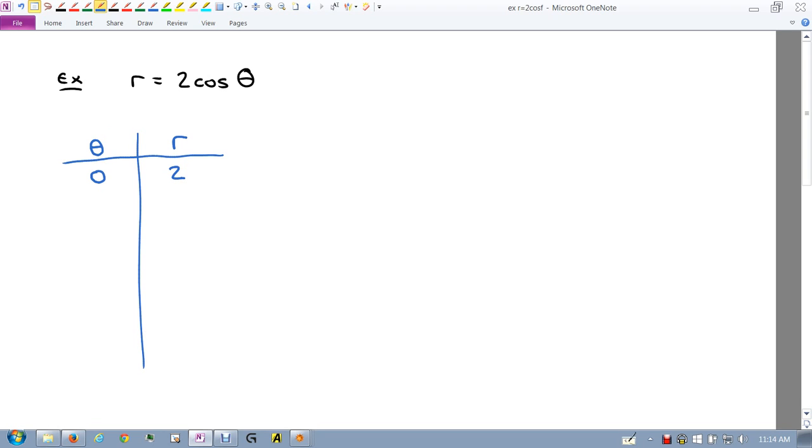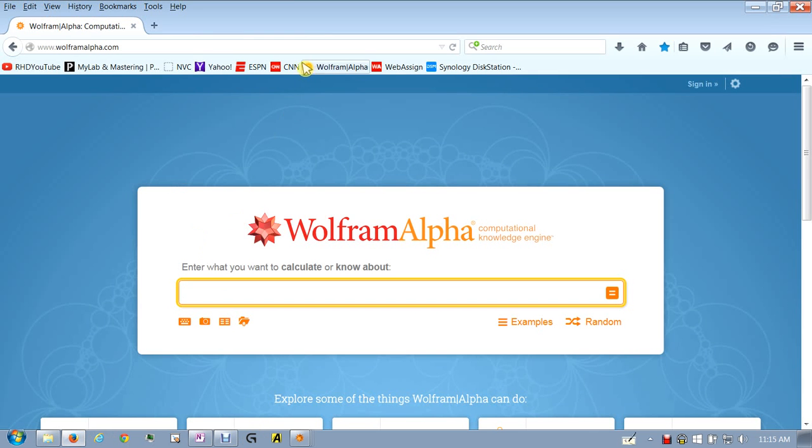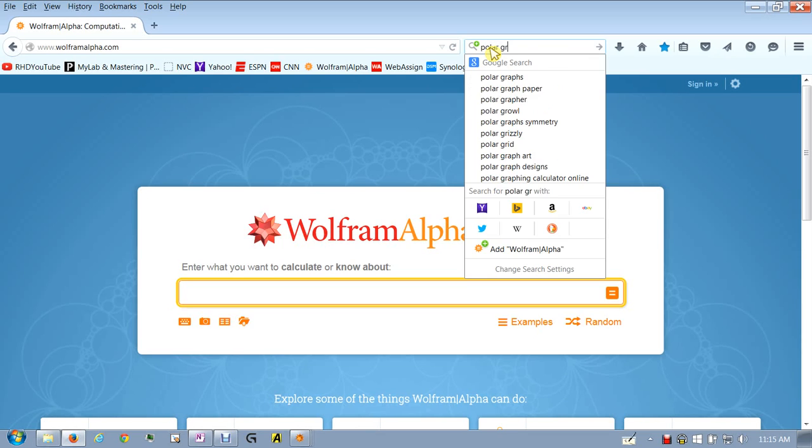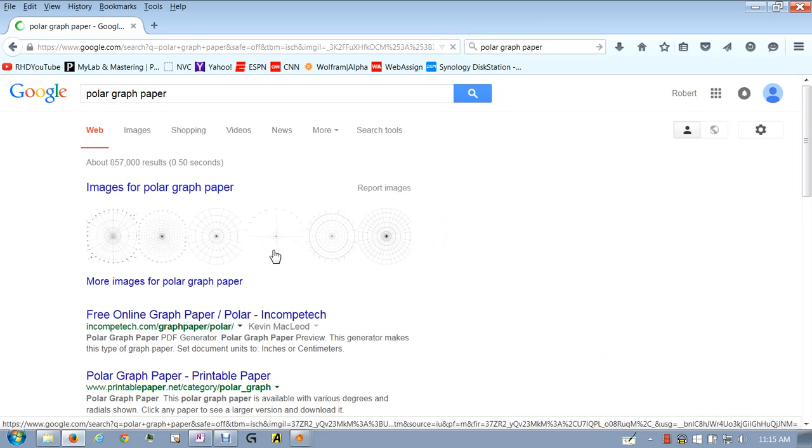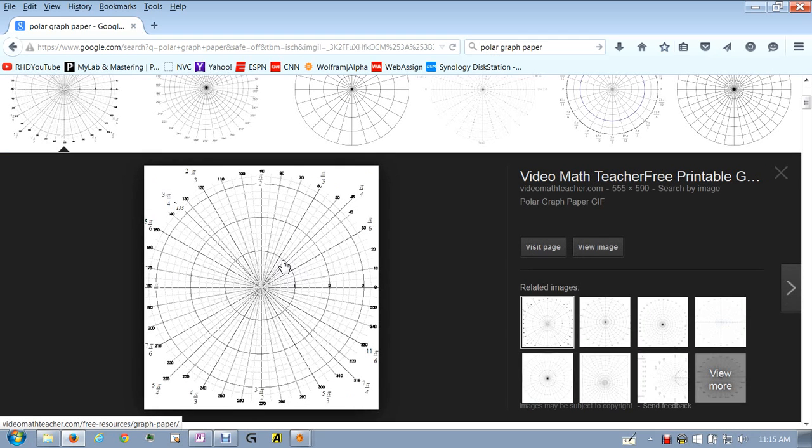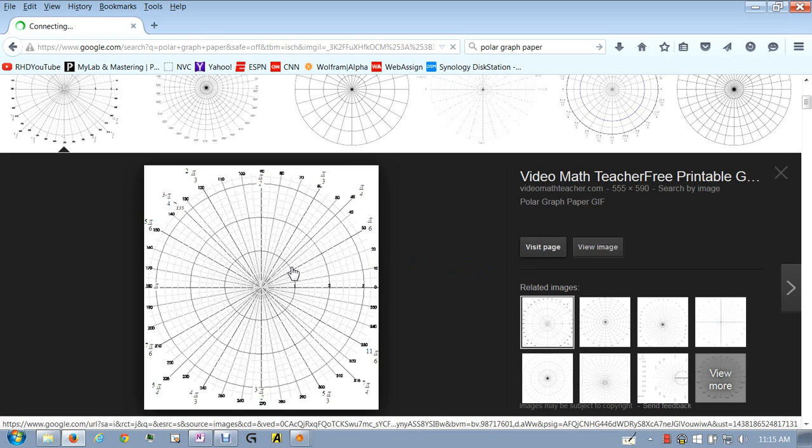Now this gets a little weird when it comes to graphing, right? I talked about the graph paper for Cartesian, which looks like a grid. Well, if you go to Google and search polar graph paper, this is what polar graph paper looks like.